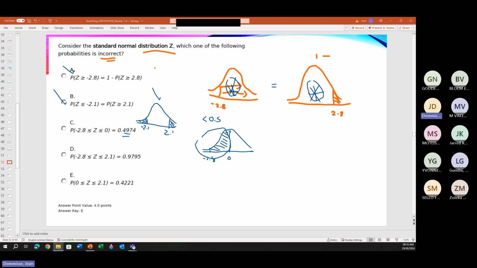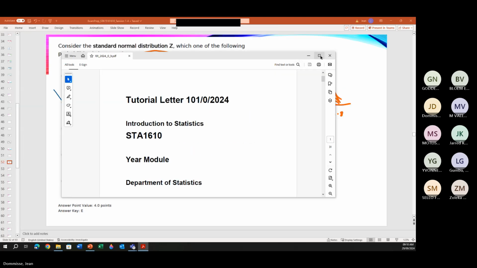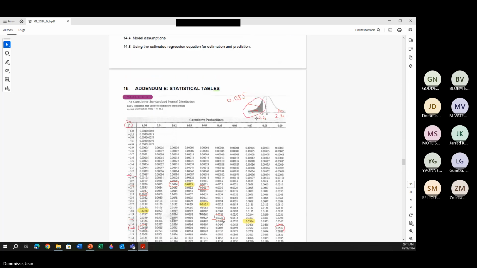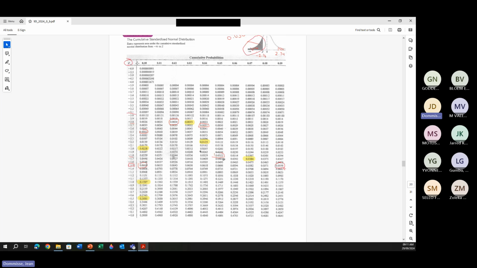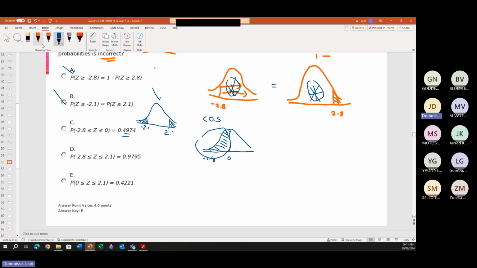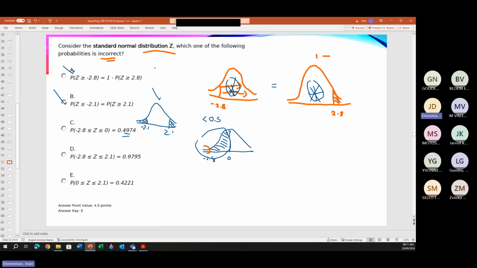So let me open my table. Okay, and let's go to find that. So we can do two things. We can find that small area and say 0.5 minus that small area. So let's do that first.